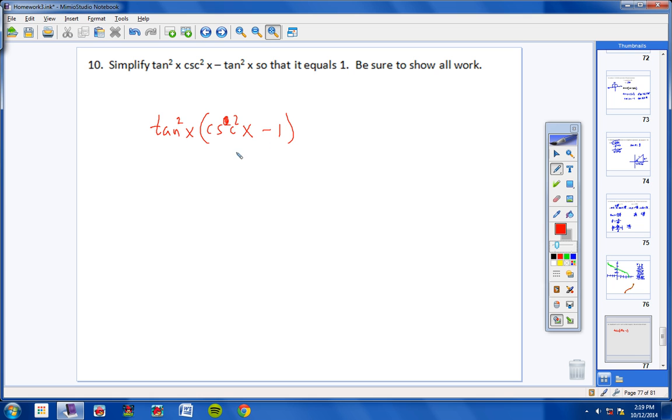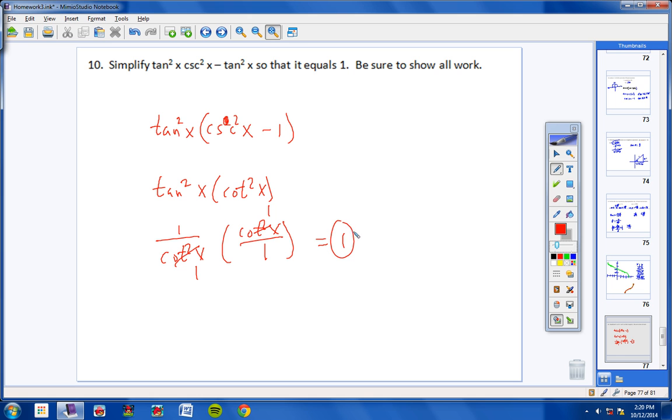And then if you look in your Pythagorean identities, cosecant squared x minus 1 is the same thing as cotangent squared x, okay? And then tangent squared is the same thing as 1 over cotangent squared, times cotangent squared over 1, and there we go, those cancel, and you're left with 1, okay, which equals this.